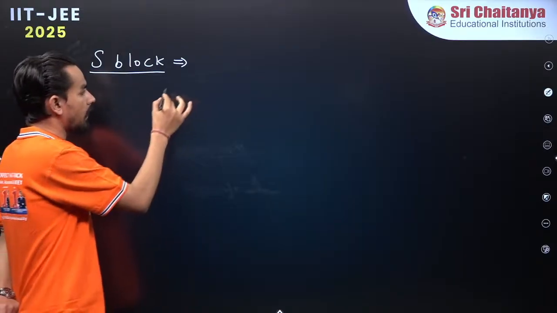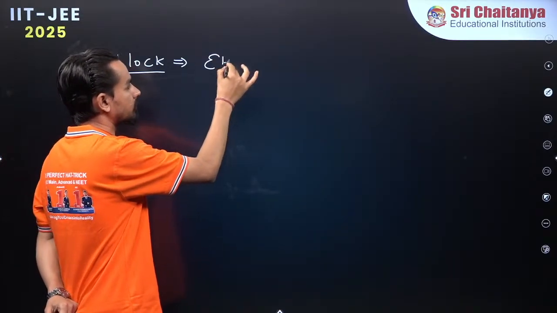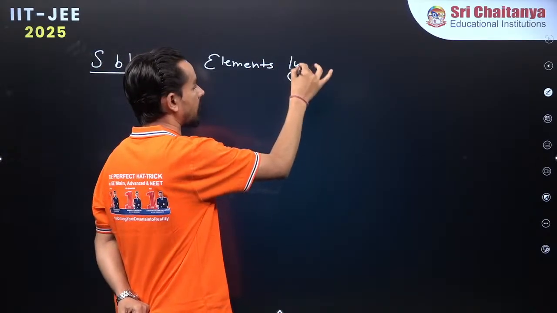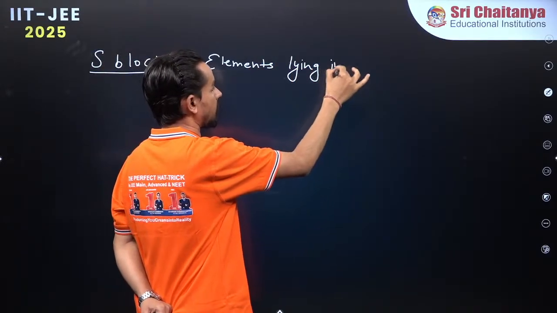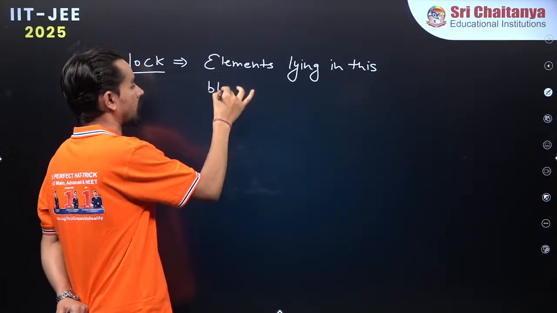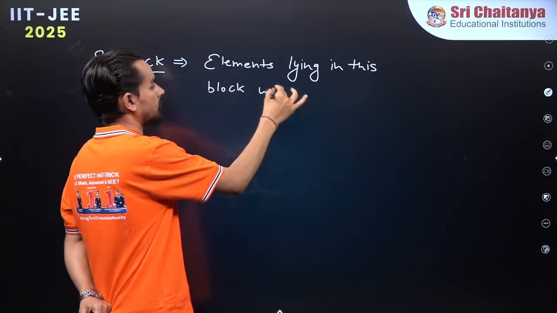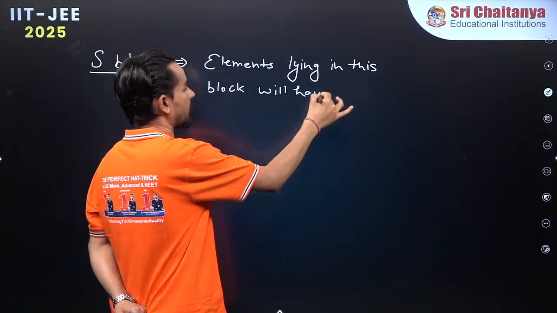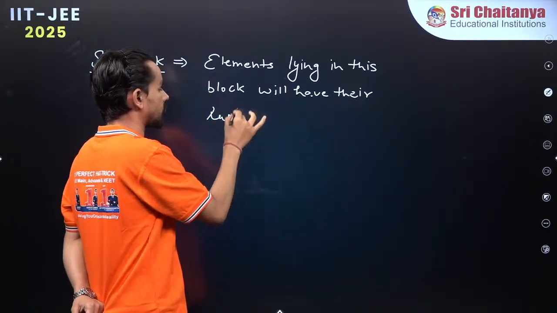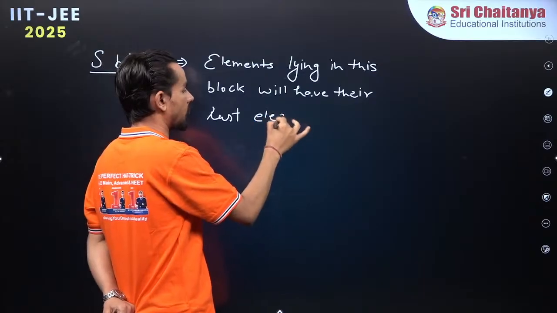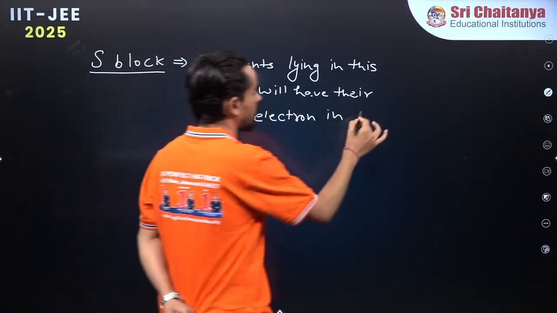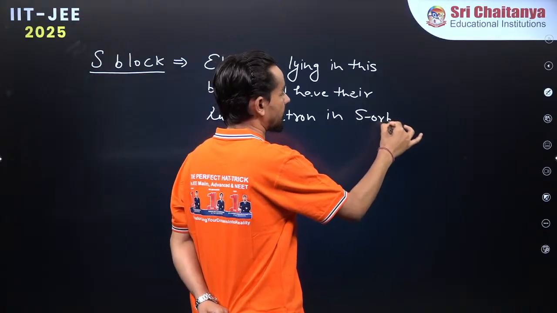Because the elements lying in this block will have their last electron in the S orbital.